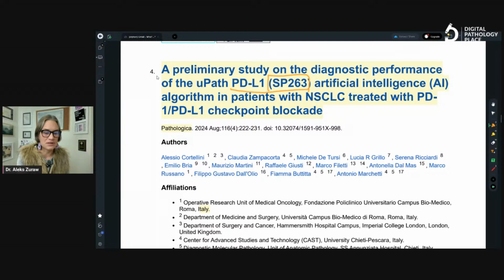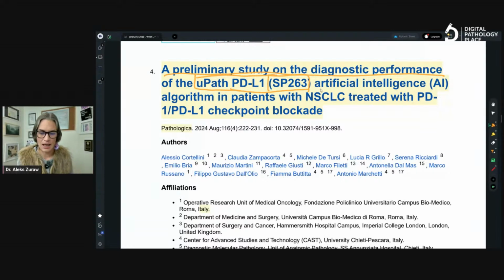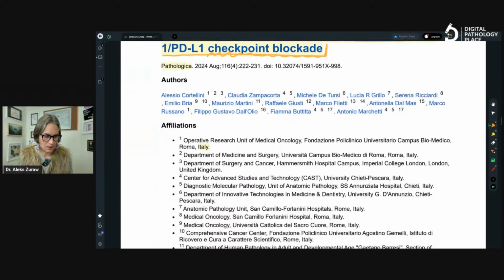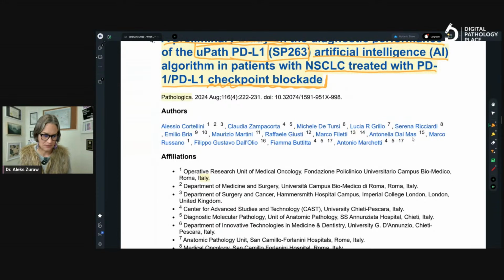So there was a preliminary study on the diagnostic performance of uPath PD-L1. It's a software solution, an AI algorithm, in patients with non-small cell lung cancer treated with PD-1, PD-L1 checkpoint blockade. This is this immune oncology treatment. This PD-1 and PD-L1 combo is referred to as checkpoint inhibitors. There are more, but this is one of them.